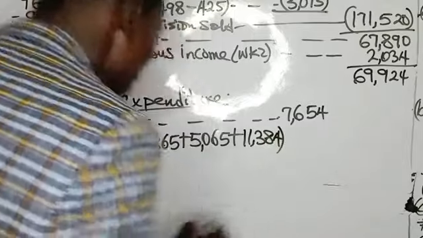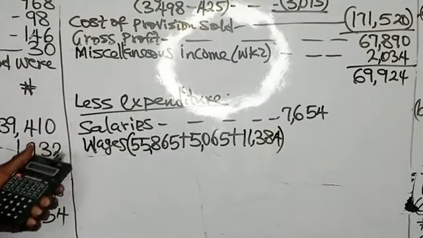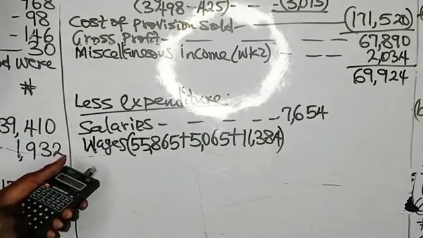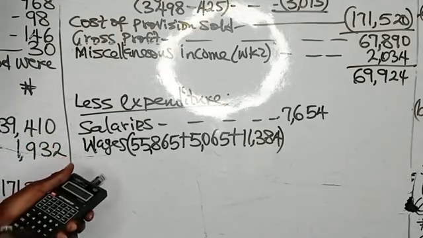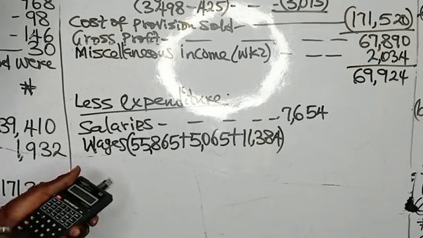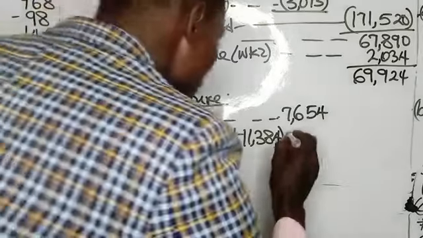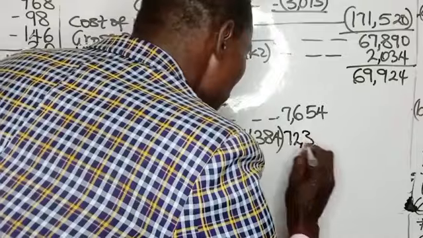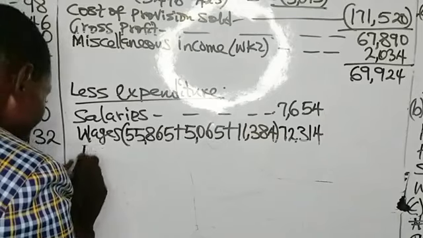The total wages for the period will be 55,865 plus 5,065 plus 11,384, and that is totaled 72,314. Insurance.